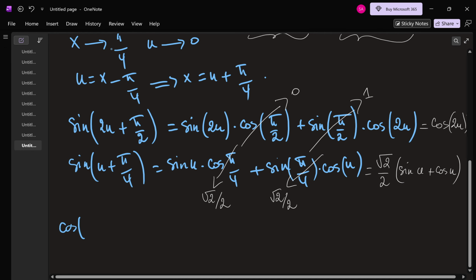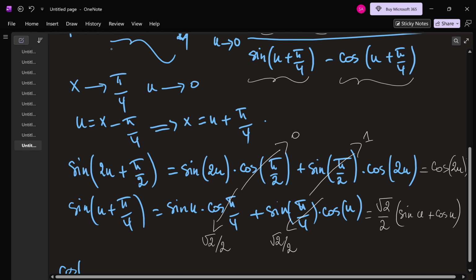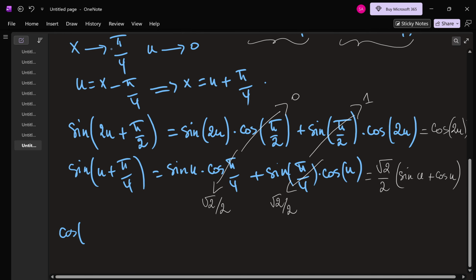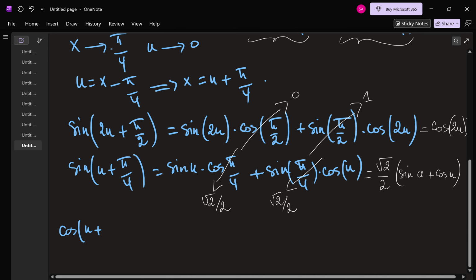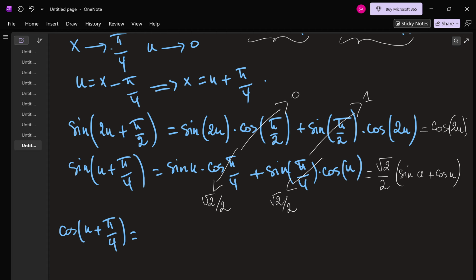Cos of u plus p over 4 is equal to cosine u times cosine p over 4 minus sine u times sine p over 4.